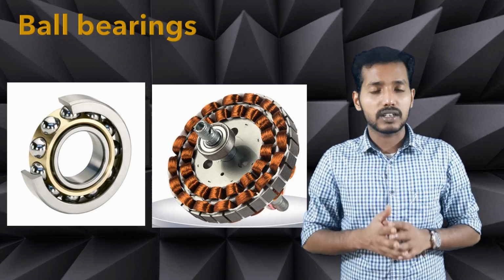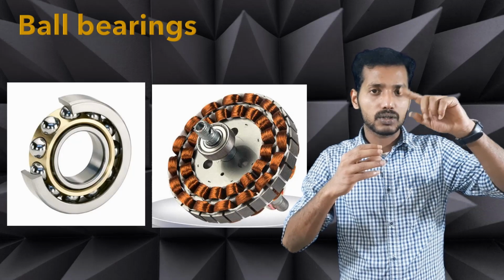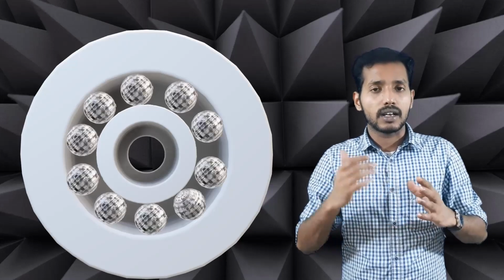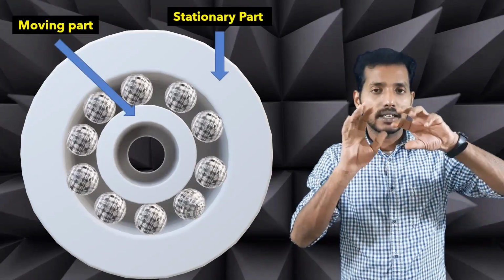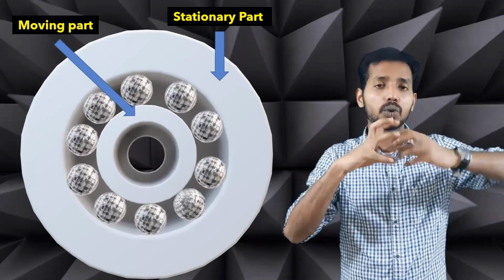So how the ball bearing works: when the inner core moves, the balls also rotate continuously as seen here, so that the sliding between the stationary part and the moving part is replaced by rolling.